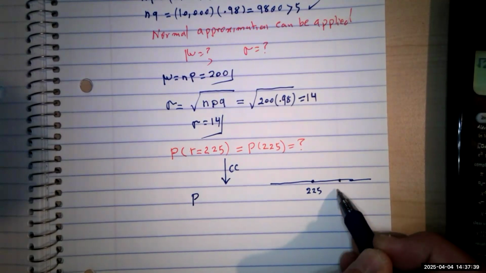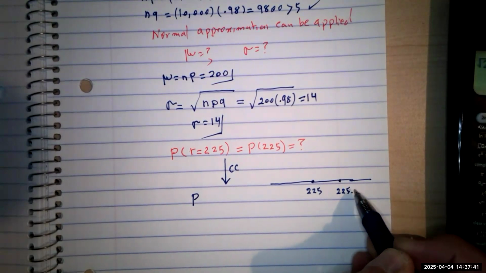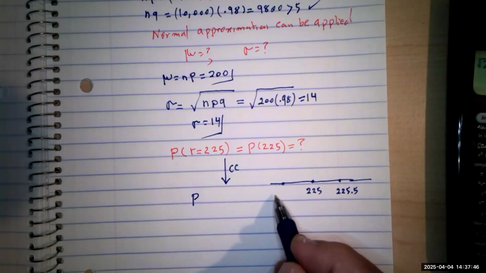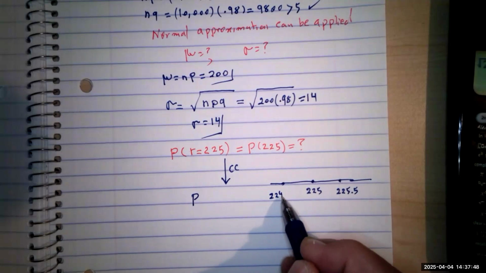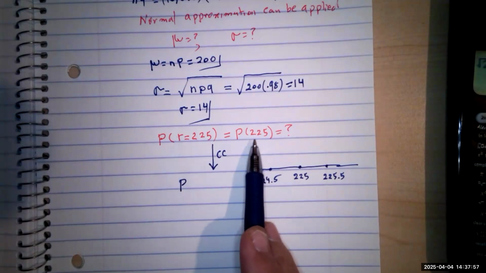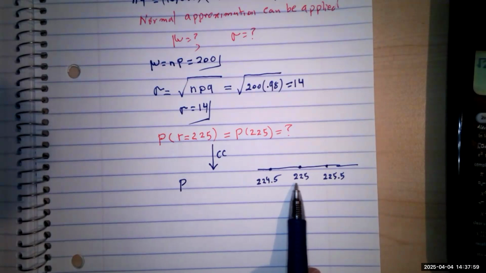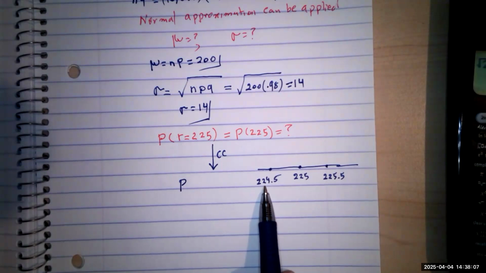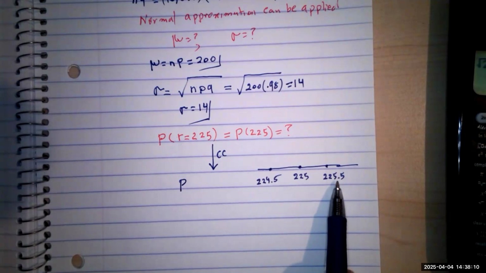You add 0.5 to 225, and you subtract 0.5. So they gave you 224.5. So you want 225, okay? Since it's equal to, 225 is between these two, because it's equality, 225 is greater than 224.5 and less than 225.5.